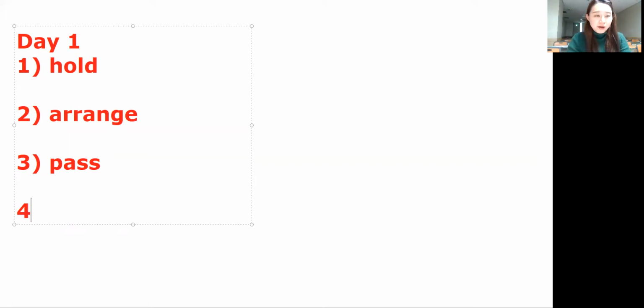Number four, reach. When I do this, I literally do some body movements as if I'm trying to reach something. So, example sentence: a customer is reaching for some merchandise. My students are not very familiar with TOEIC English, like business English, so I have to explain the merchandise and customer here if necessary.